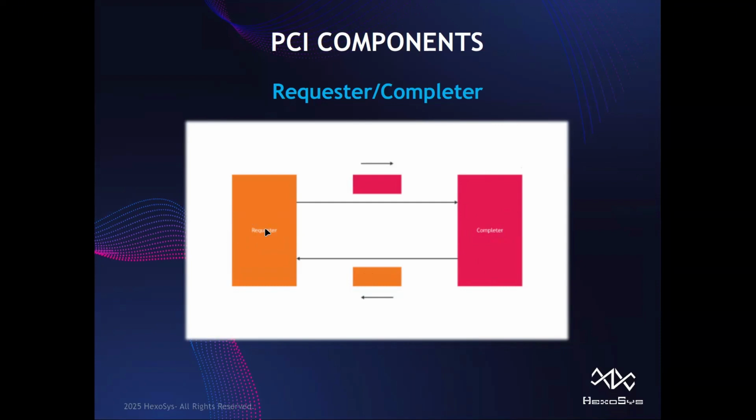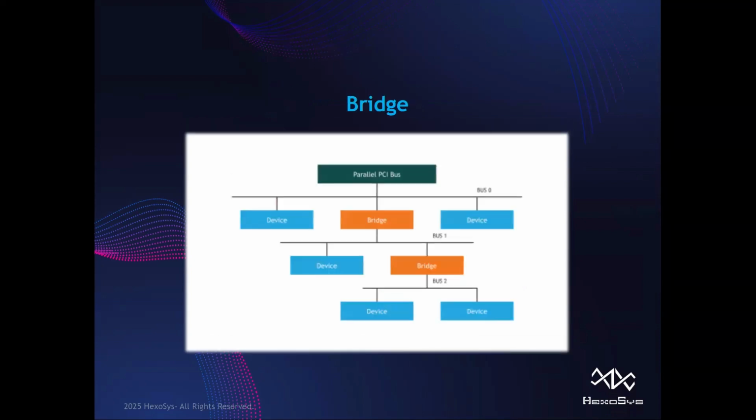We will specify the different parts of the topology later, but for now, you can know that the CPU or root could be a requester. Also, any part of the topology, even the PCI nodes, can be a requester, and the other parts could be completers. In a PCI bus, which as I said is a parallel bus with some limitations in terms of fan out, to be able to have more devices, we have the concept of a bridge.